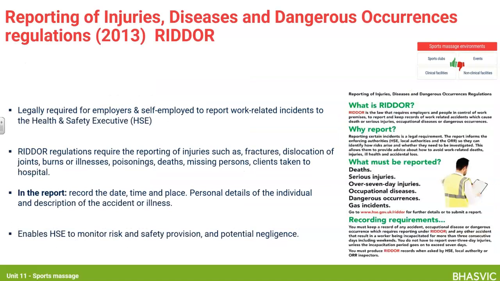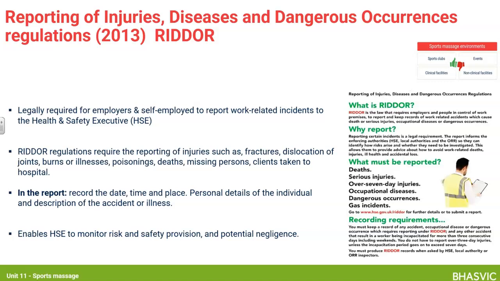Then we move on to RIDDOR, which is an abbreviated version of the Reporting of Injuries, Diseases and Dangerous Occurrences Regulations. So again, this is under health and safety as a big umbrella, one of the different aspects. And this is again a legal requirement which is related to the Health and Safety Executive. They are the main organisation who you would have to report to or who would investigate you should anything serious happen.